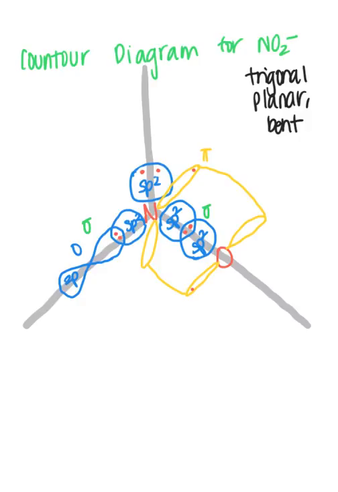So that's all three of the bonds represented, and the last thing we're gonna do is represent the two lone pairs on this oxygen, and put their electrons.